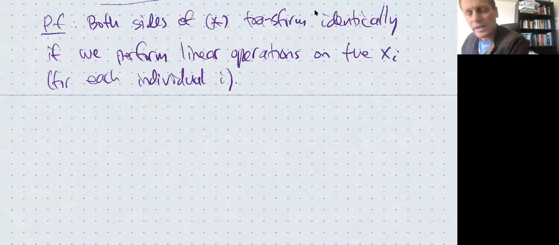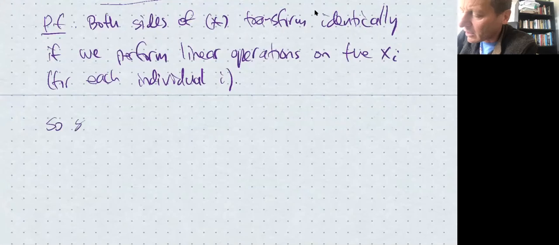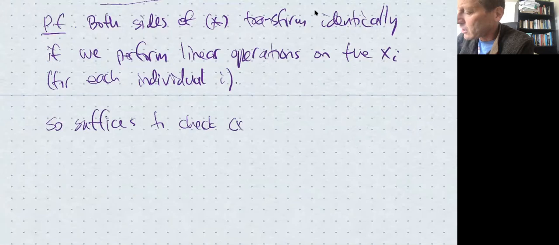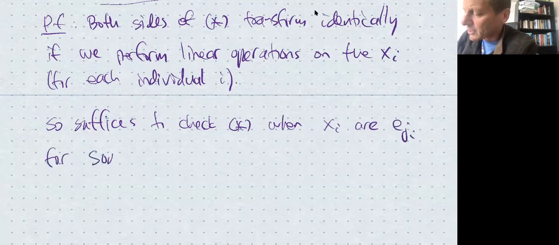standard basis vectors. So it suffices to check star when the xi are e_{j_i} for some j_i.